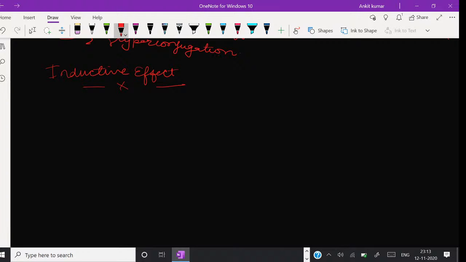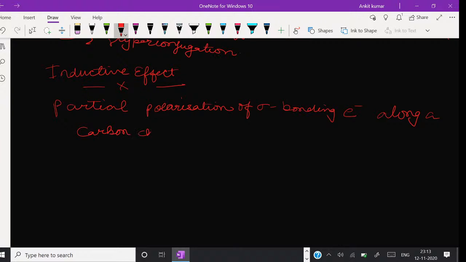Its definition is partial polarization of sigma bonding electron along a carbon chain due to presence of a polar covalent bond.